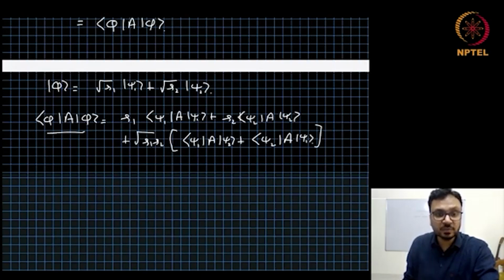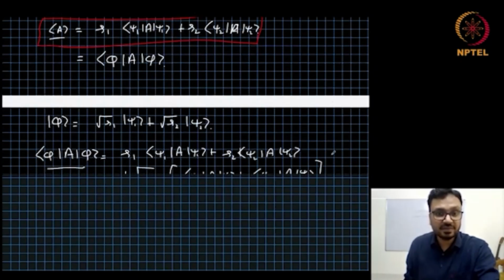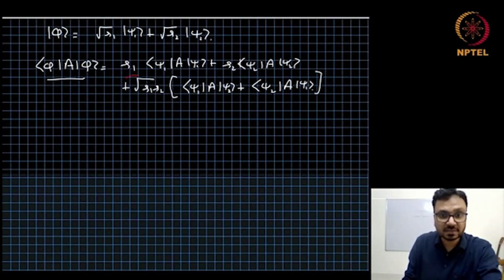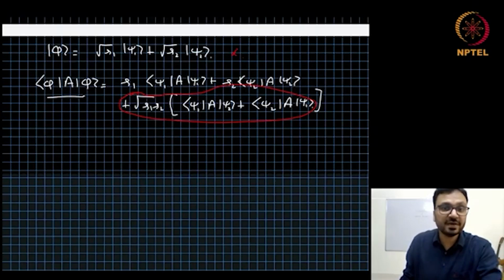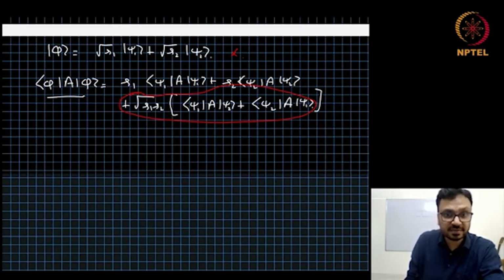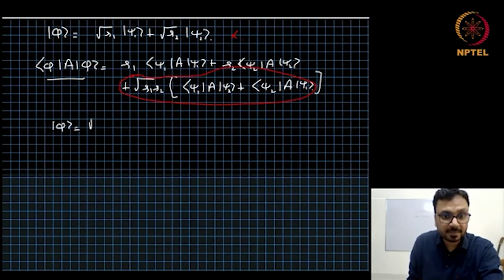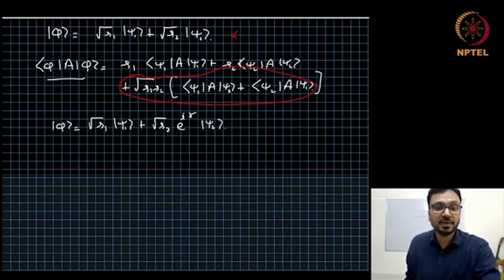Now if we compare this with the expectation value of A, we see that these two terms are extra. They are not present in the original expression for the expectation value of A. So it means this choice of phi is not correct. Maybe we forgot something, maybe instead of plus it should be a minus sign or some other phase. So we can try phi as root S1 psi1 plus exponential of i gamma root S2 psi2, where gamma is the relative phase between psi1 and psi2.